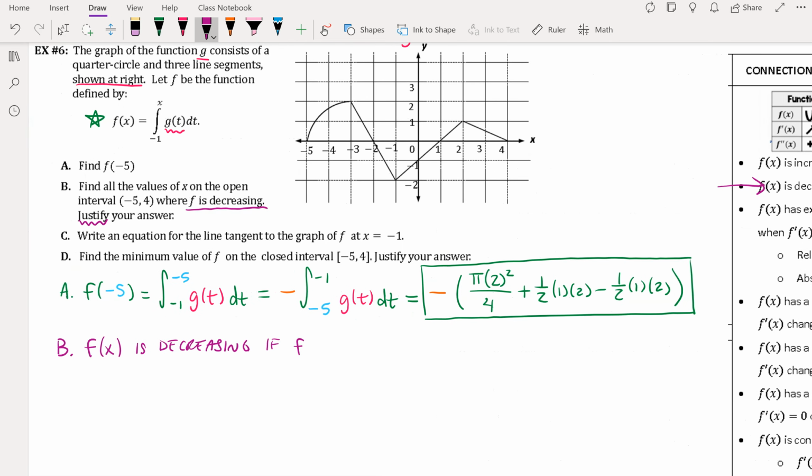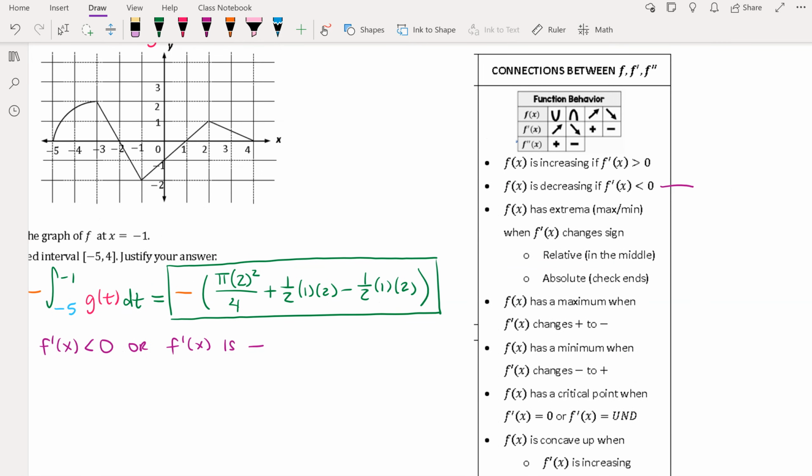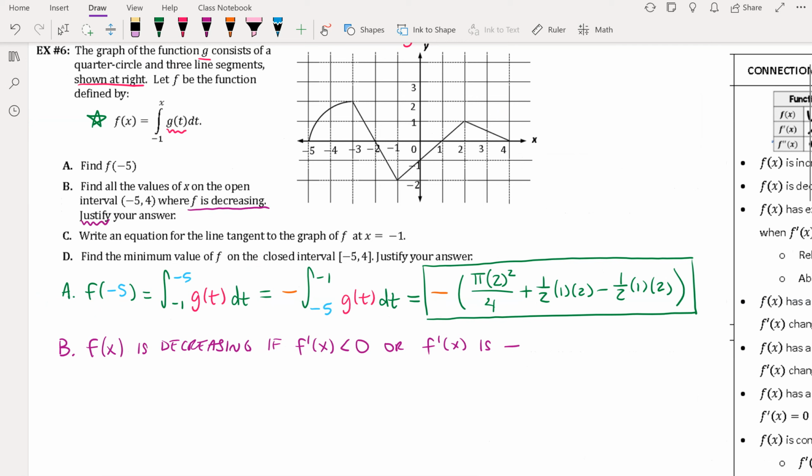If f prime of x is less than 0. Or you could think of it as f prime of x is negative, right? Those are saying the same thing. So you could write either. Okay, and just as a heads up, this chart says the same thing. So if you want to memorize this chart instead, you can: f of x is decreasing if f prime is negative. Cool. All right, now let's go back to finishing this problem.